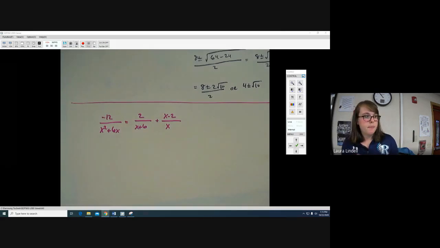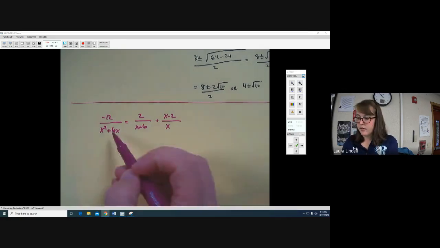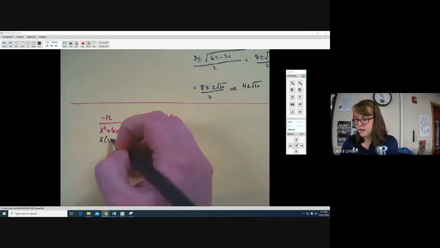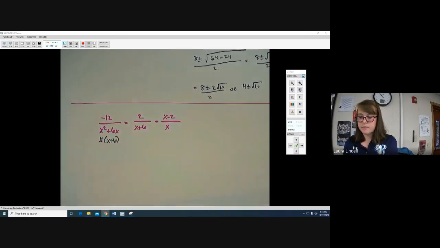Okay. What's our common denominator going to be? Here's a hint for this one. I would factor this side first on the bottom to get x times x plus 6. What do we think our common denominator will be here?